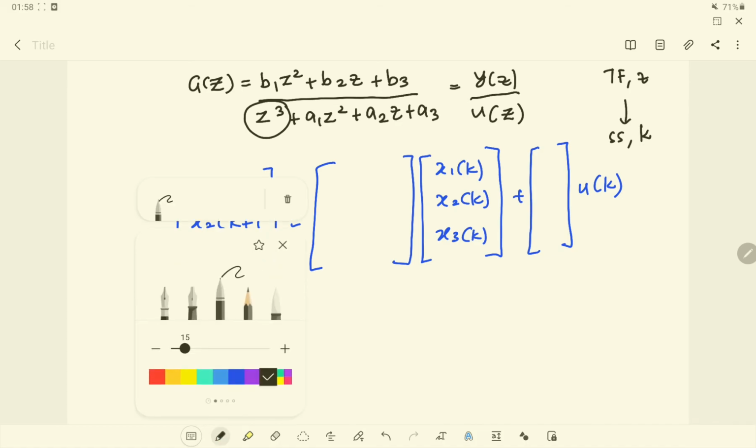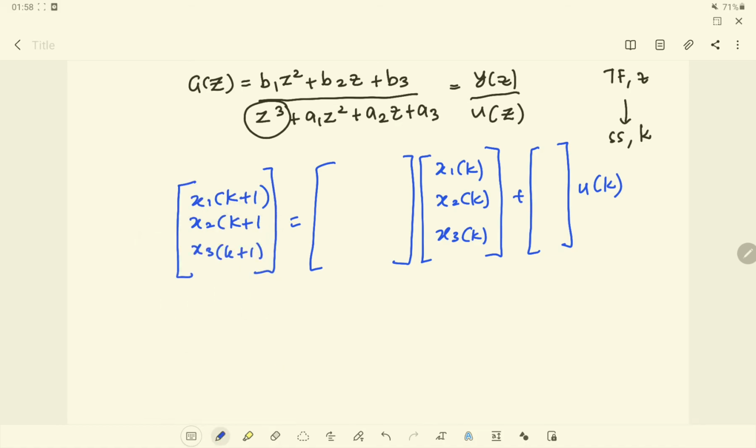While for the output, yk equals the matrix C times x1 k, x2 k, and x3 k.